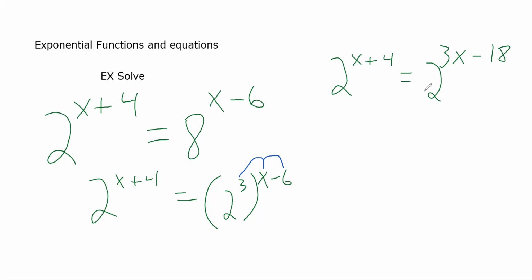Both sides have the same base. So the only way they're going to be equal to each other is if their exponents equal to each other. So the exponents have to equal each other.